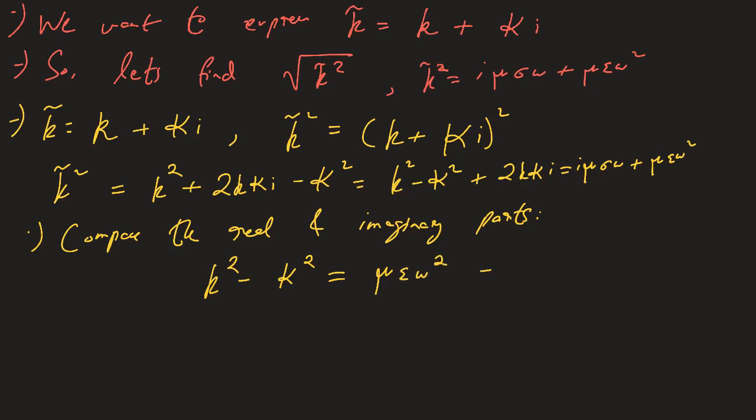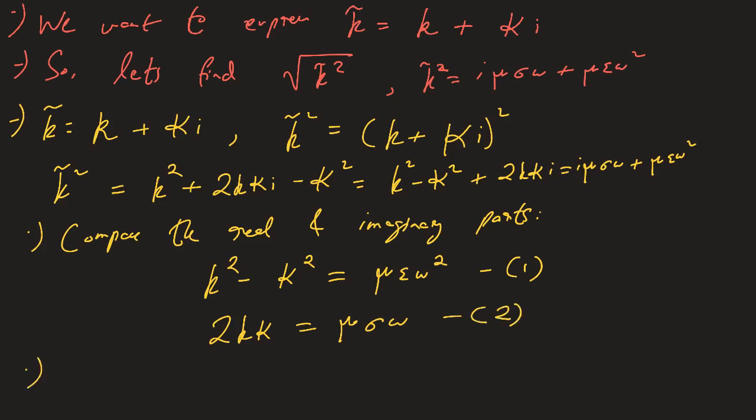That's our first equation, and at the same time 2 times k times kappa becomes equal to mu times sigma times omega. So that's equation 2.